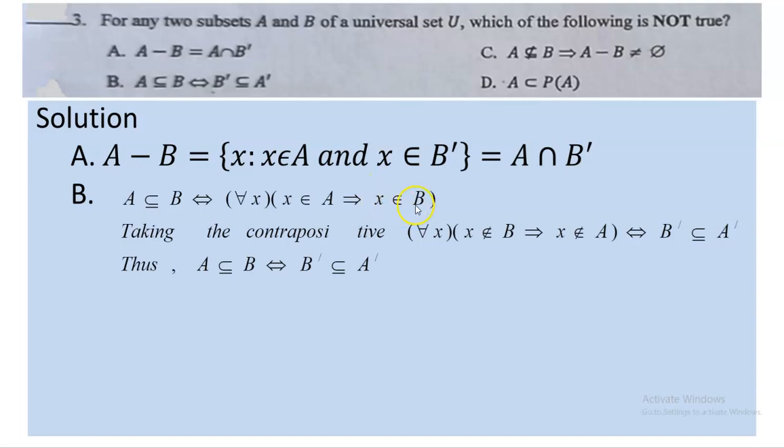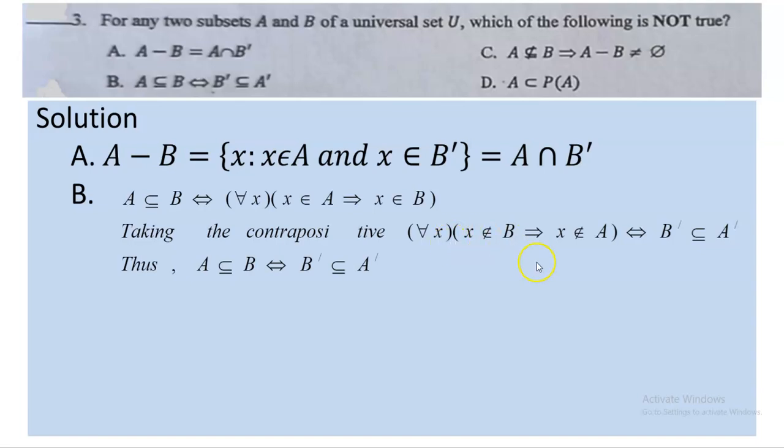Because as we take the negation of this one, we do have this. X is not an element of B, and the negation of X an element of A is X not an element of A. So as you know, if X is not an element of B, it's obvious that X is an element of B prime. And again, if X is not an element of A, it's obvious that X is an element of A prime.